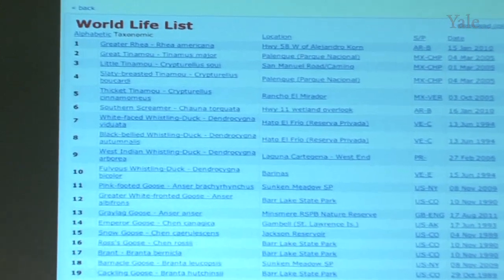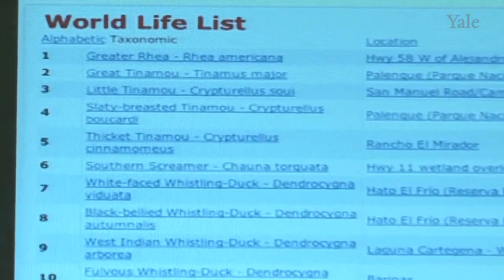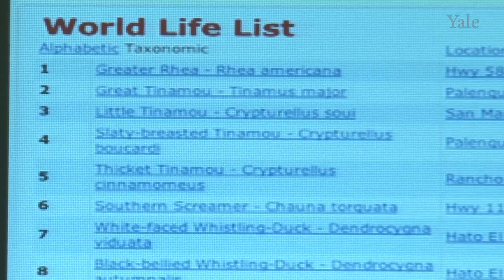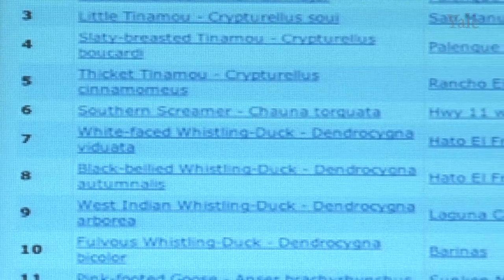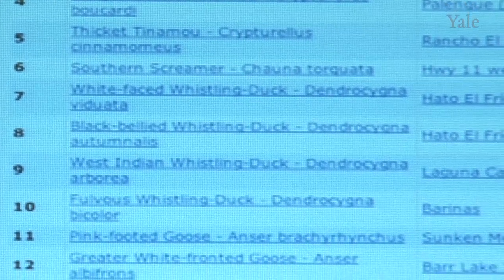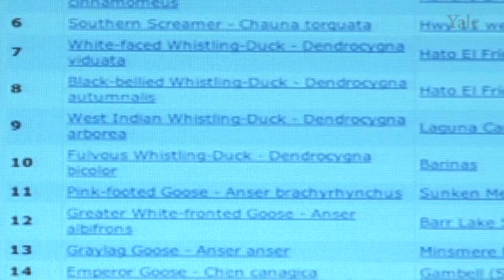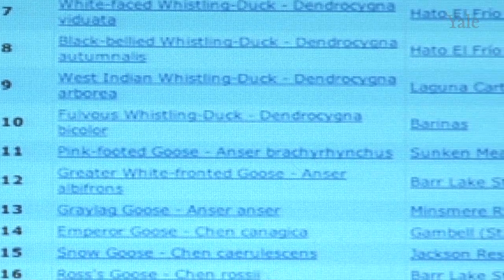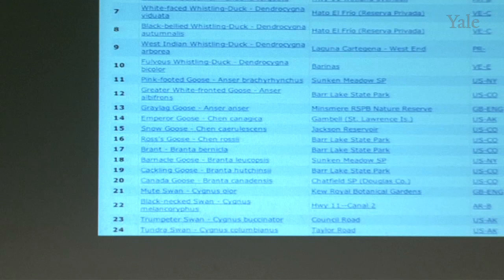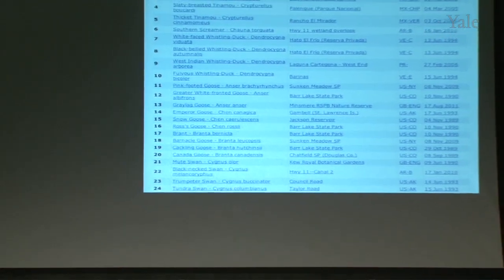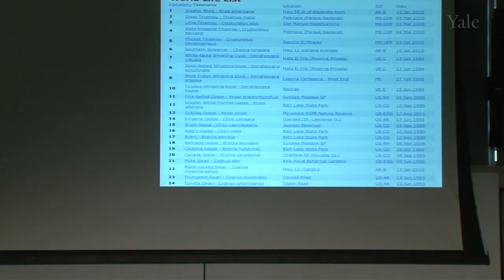So eBird allows them to keep life lists of their world lists or their favorite country lists or state lists or county lists or backyard lists or bathroom lists. There's all kinds of different lists that birders like to have and keep and maintain, and we allow them to do that all through the application.